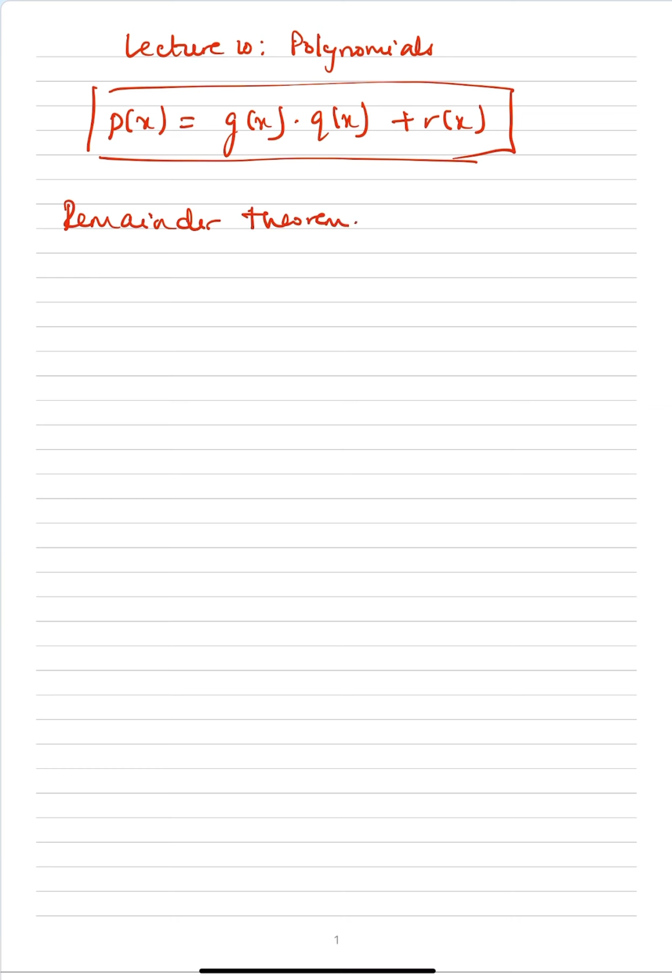What does the statement tell us? Let p of x be any polynomial whose degree is greater than or equal to 1, and there is some number.